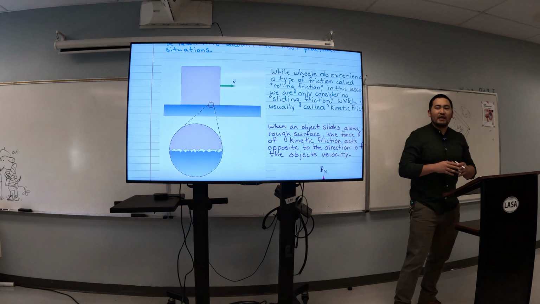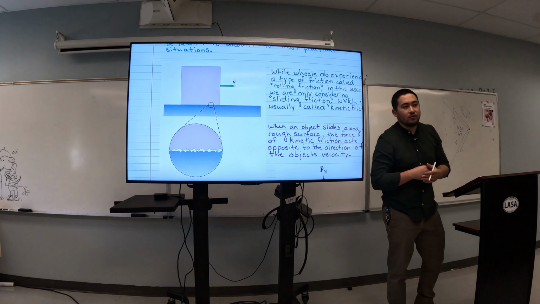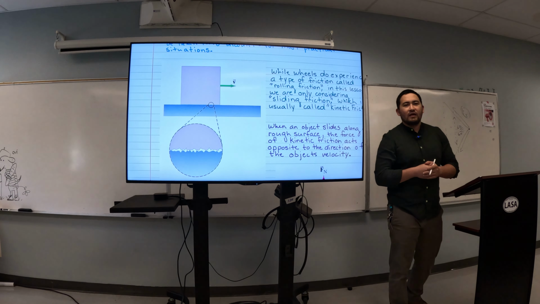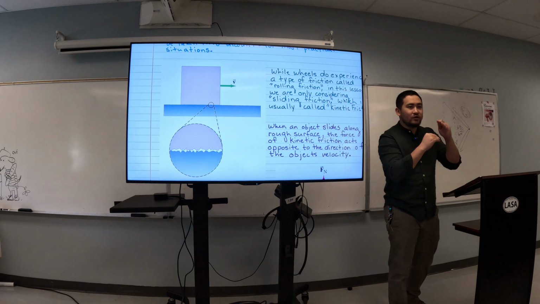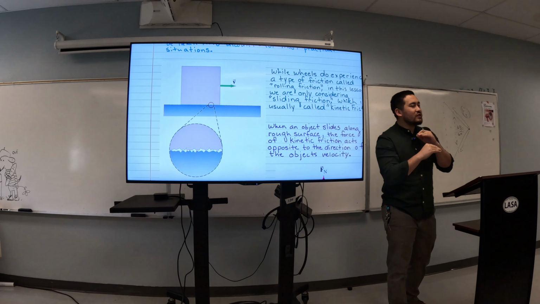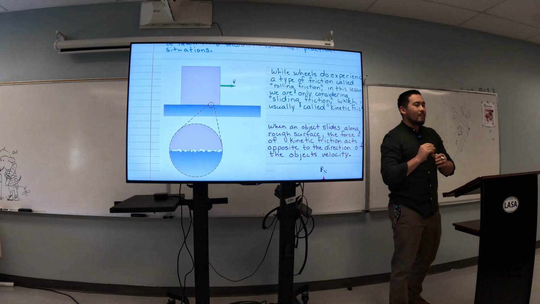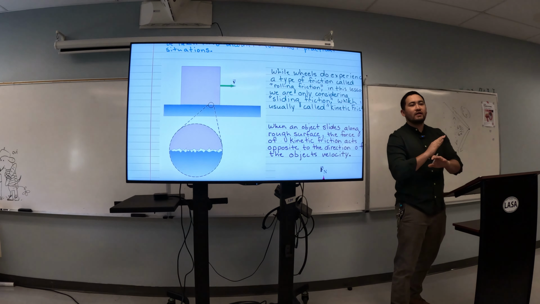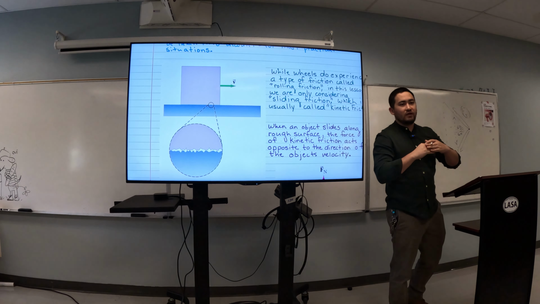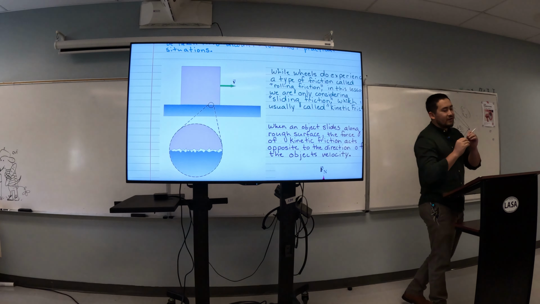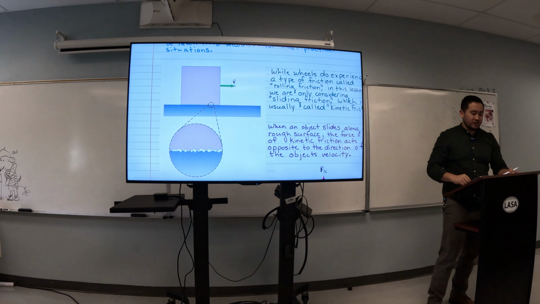And even if it was perfectly smooth, physicists who study this notice that when two things are touching, at the atomic level they are actually connecting to each other in a way that causes some extra force to break that apart when you want to move it. So there's no way we can have a perfectly frictionless surface if two things are in contact with each other. At some point, even if it gets very small, there's always going to be some friction.